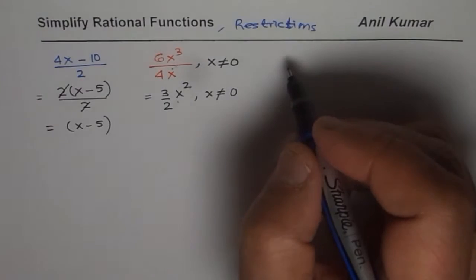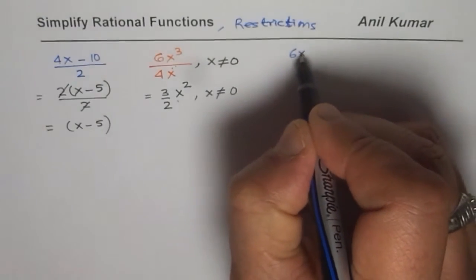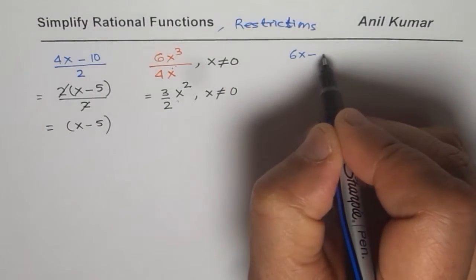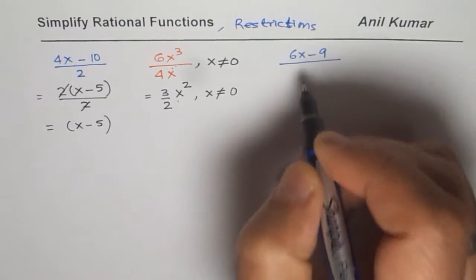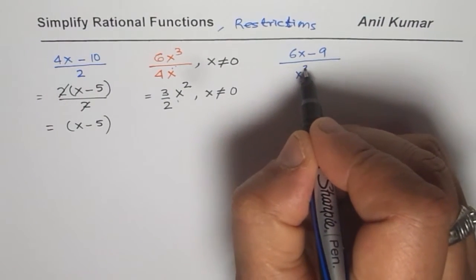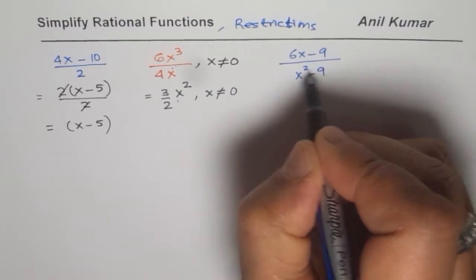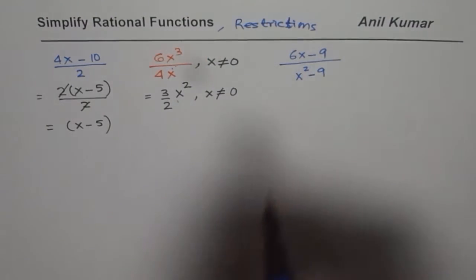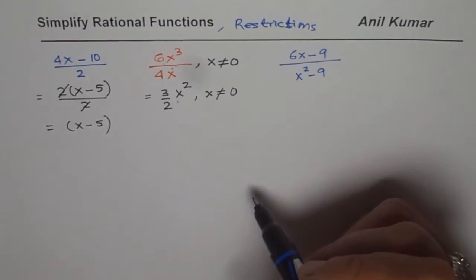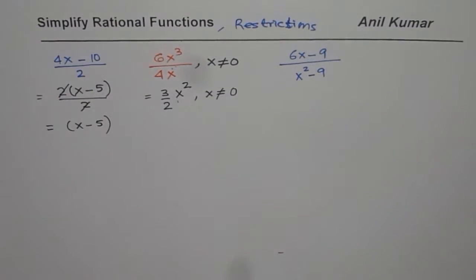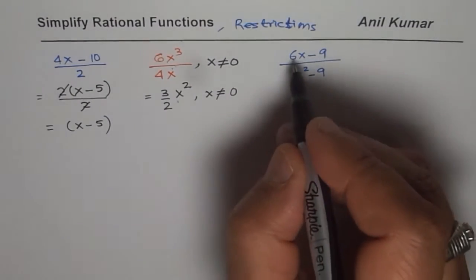At times we may factor rational expressions to get our answer, right? So for example, I can have 6x minus 9 over x squared minus 9. That could be a rational function. Both numerator and denominator are polynomials, and this rational function we could factor.